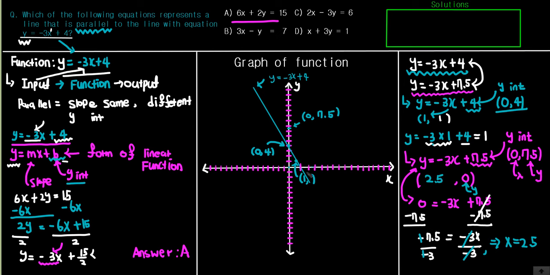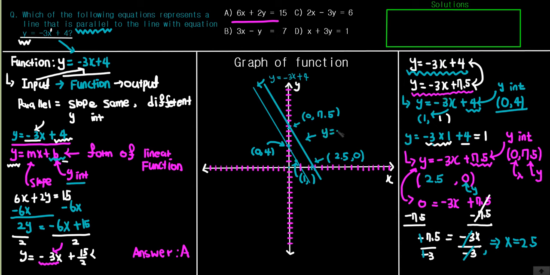So we can actually graph that: 2.5 right over here. It is a case where the y value is equal to 0 and the x value is equal to 2.5. So if you actually graph that function, it is going to be something like this, and this function is based on y is equal to negative 3x plus 7.5.